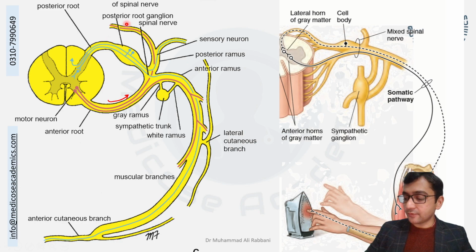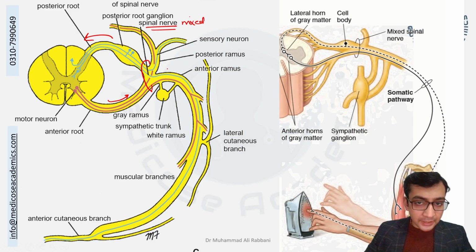The fibers that form the posterior root carry the incoming signals, shown in blue. At this point, they join one another and form a mixed spinal nerve, because now it contains both the sensory and motor components.